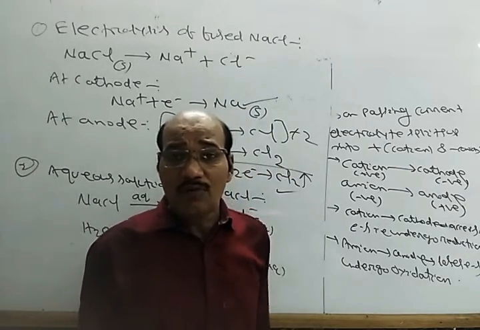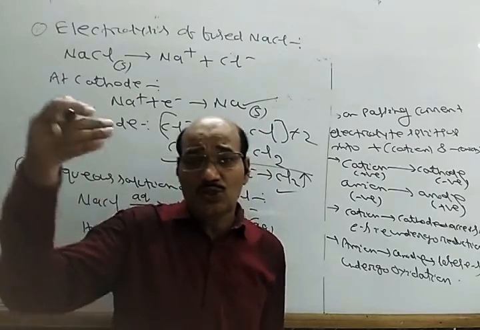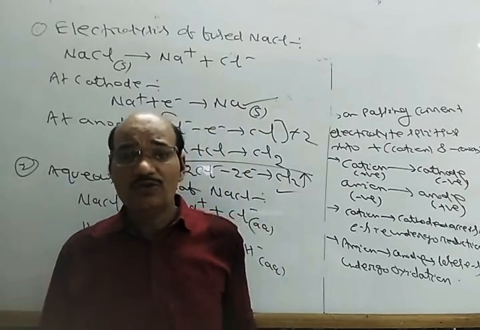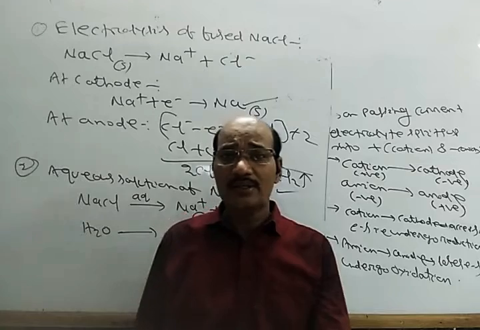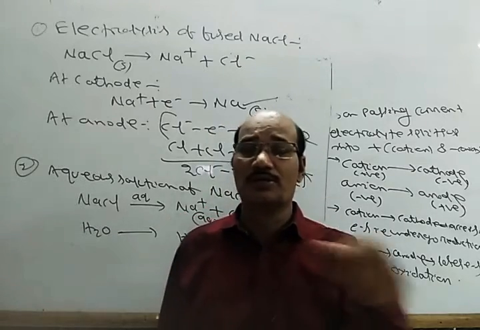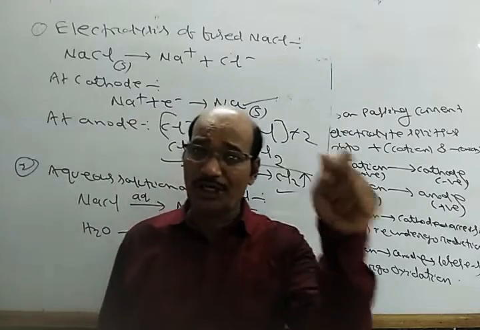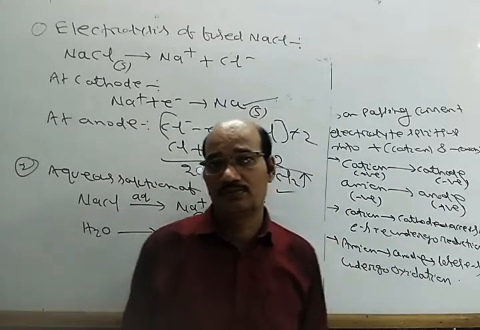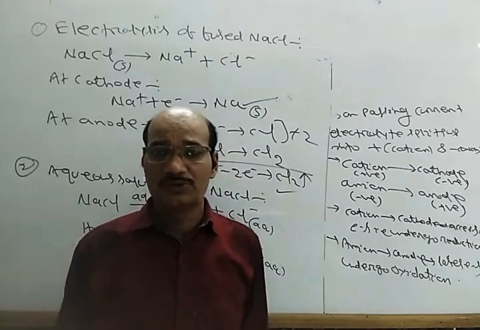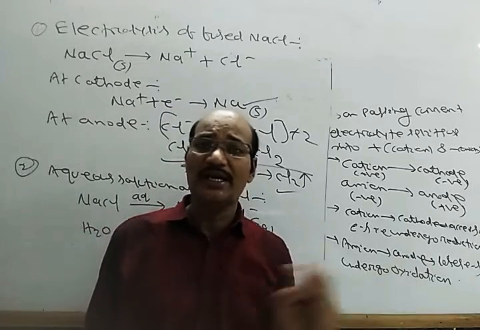If we have two electrodes A and B, we will find which has the higher reduction potential. That will undergo reduction at the cathode. Similarly, the reverse holds for the anion.